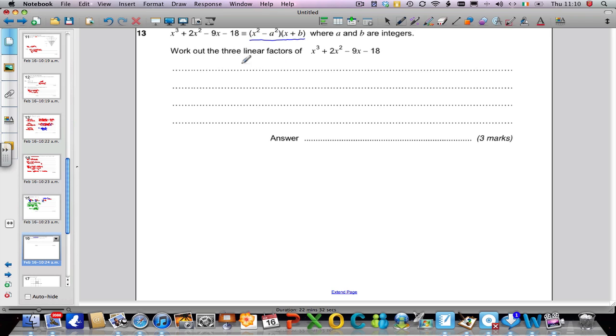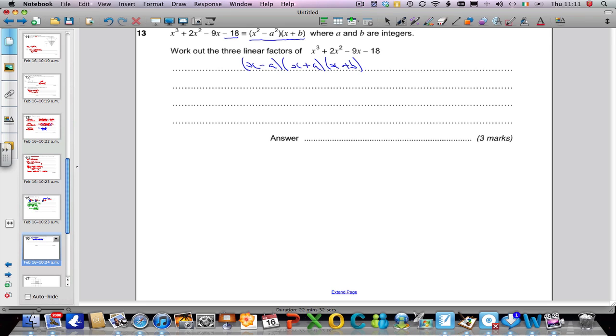taking a look at this part here, well, that's simply x minus a times x plus a times x plus b. Okay, and if you have a look at the negative 18, well, that negative 18 is going to come from multiplying all the constants for each linear factor.